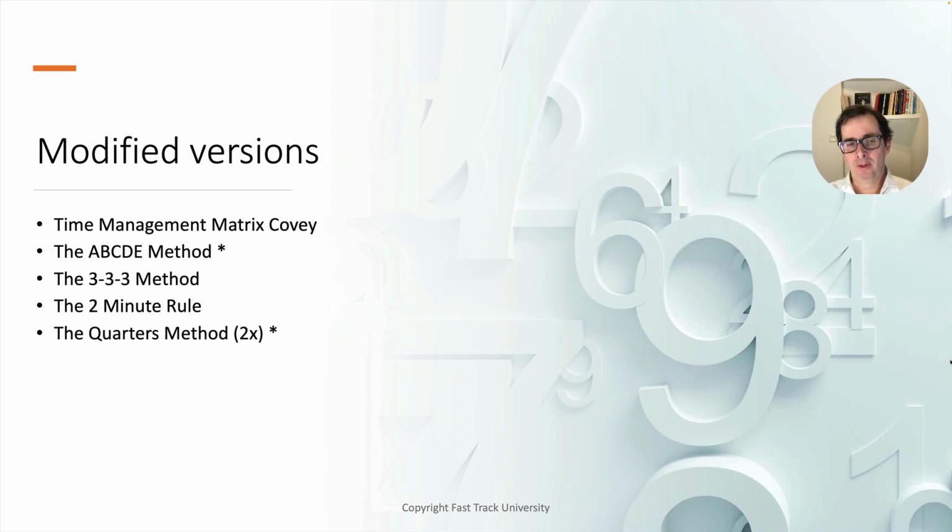The 2-minute rule to clean up some of the lesser maintenance tasks, the bucket list, so to speak, or the full list to clear up your list, and the quarters method. The quarters method, the time-based one or the energy-based one, is very helpful if you want to combine it with this method. Please check it out. There are some videos on that available on my site.